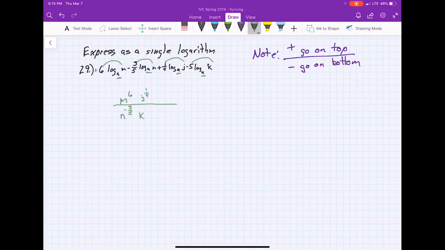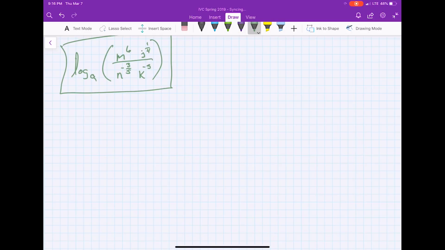So we'll put k to the negative 5th. My fraction bar is a little long here, so let's make it the right length. All right, so that is that. So log sub a times that quantity, and so that's our answer for that one.